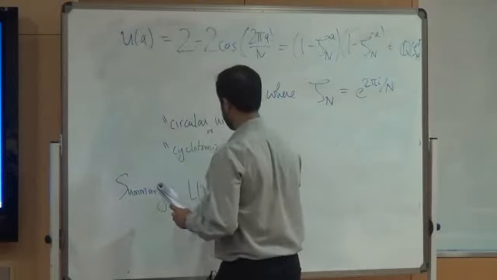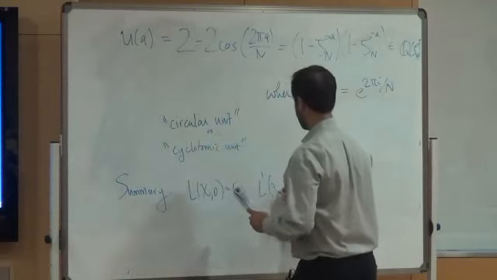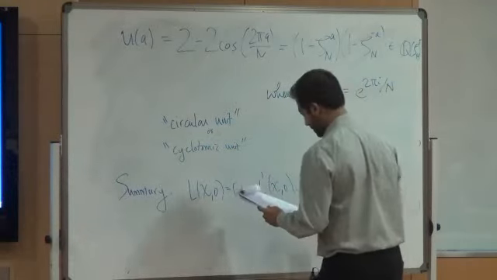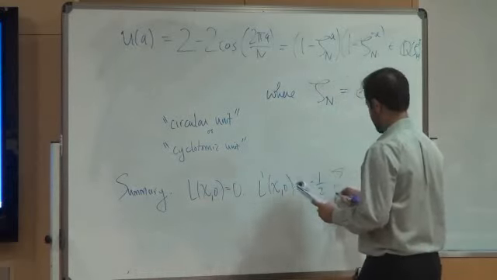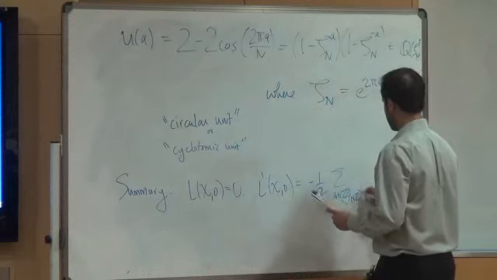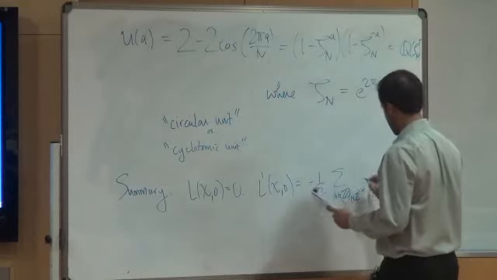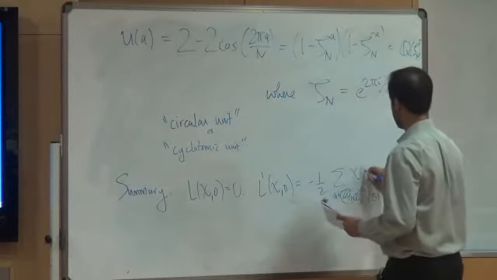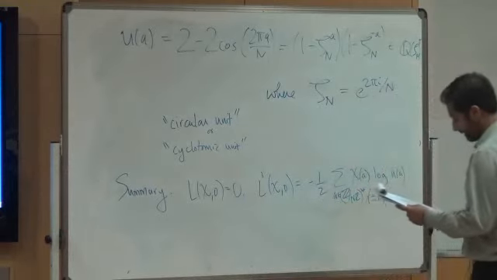So the summary is that L of chi at 0 is just 0. That was the constant being 0. And that L prime of chi at 0, that's the leading term, is equal to negative 1/2 times the sum, as A ranges over this Galois group, Z mod n Z star mod plus minus 1, of chi of A times log of U of A. Okay?